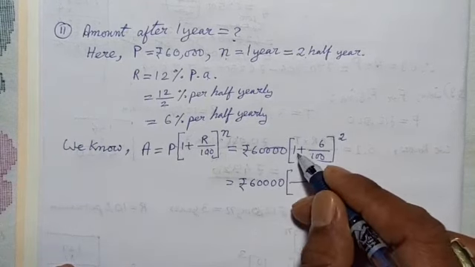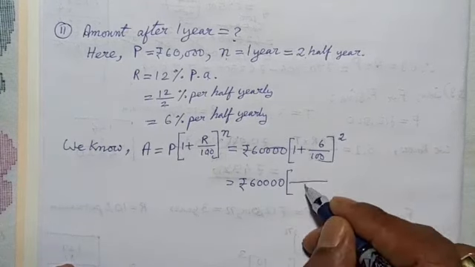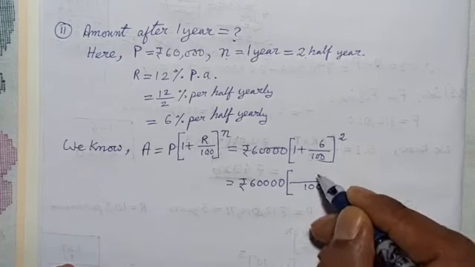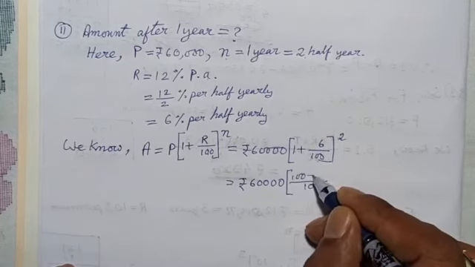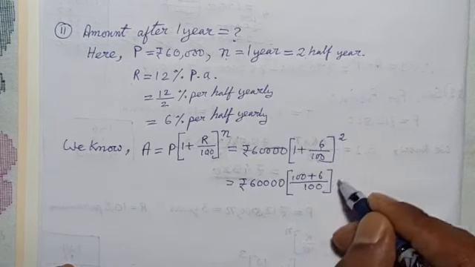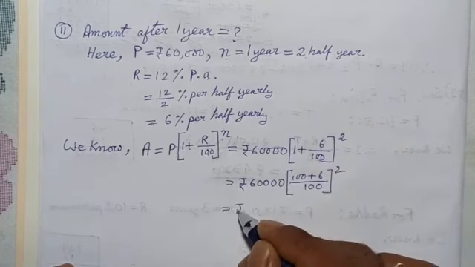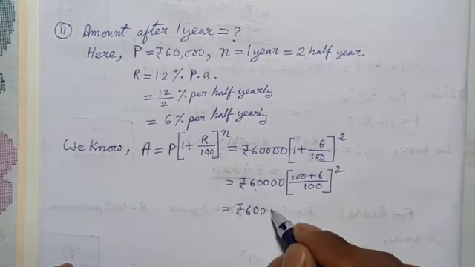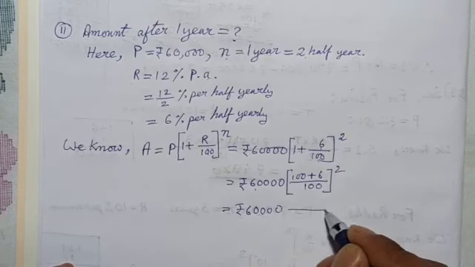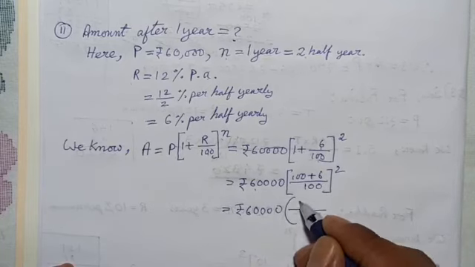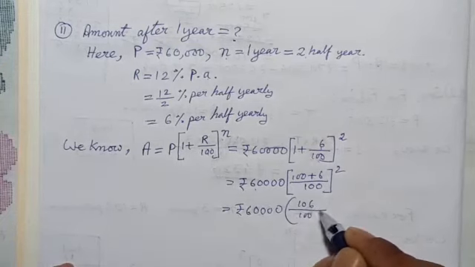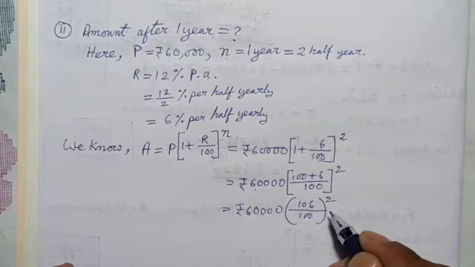Then if we want to add 1 plus 6 by 100, we take the LCM of the denominator, which is 100. 1 into 100 is 100 plus 6, whole square. Rupees 60,000 into 100 plus 6 is 106 by 100, whole square.